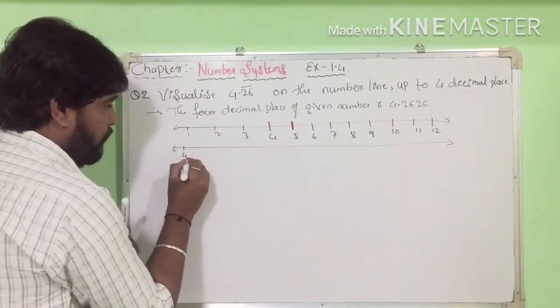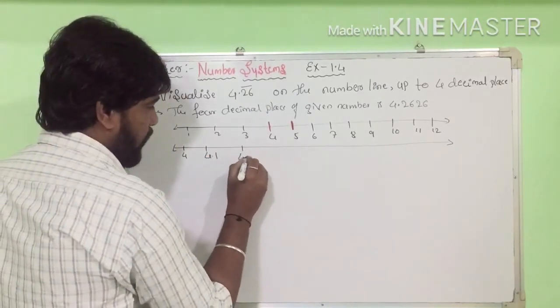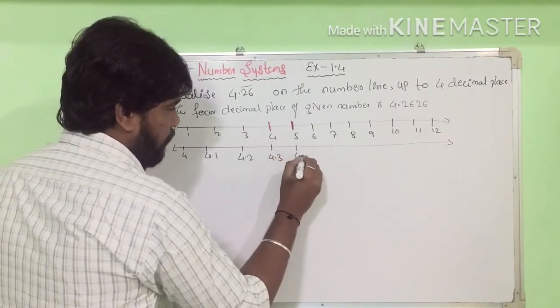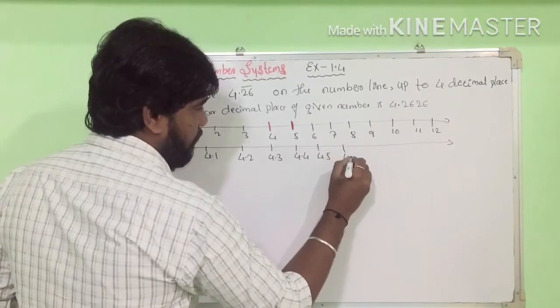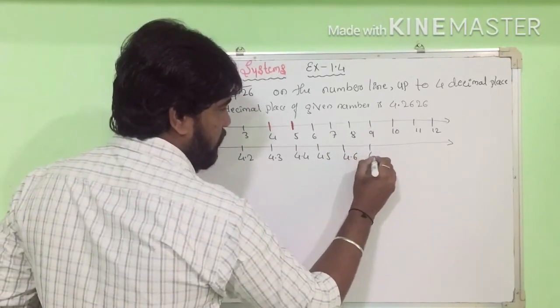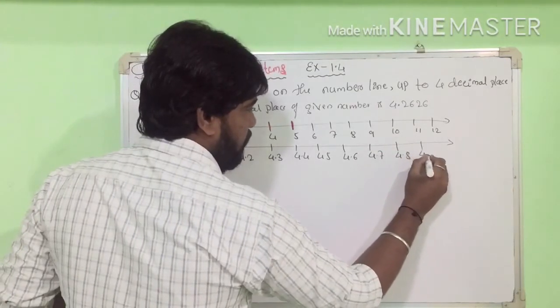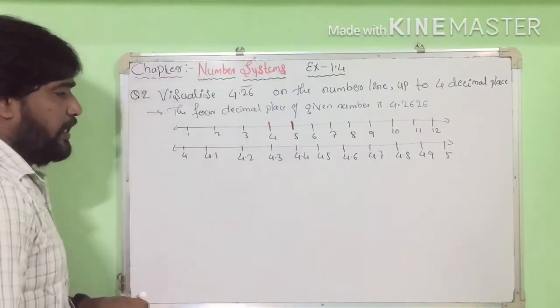Now here 4, next 4.1, next 4.2, 4.3, 4.4, 4.5, 4.6, 4.7, 4.8, 4.9, 5. Is it clear?